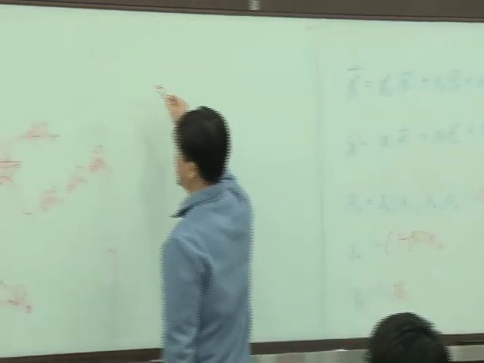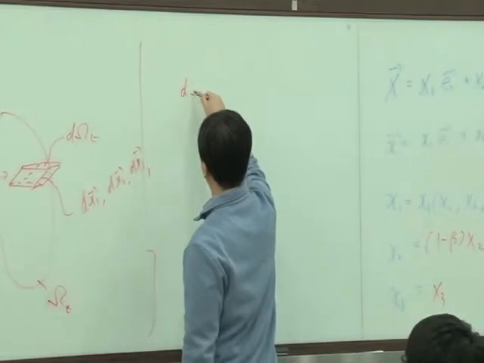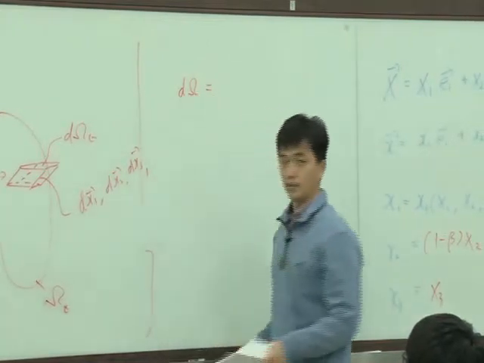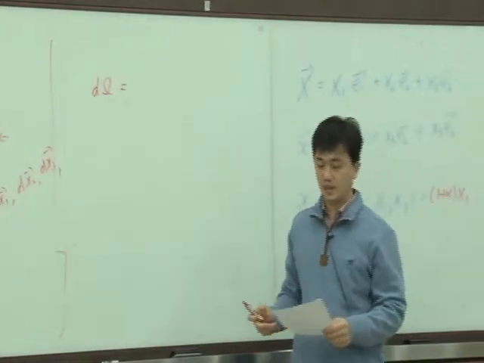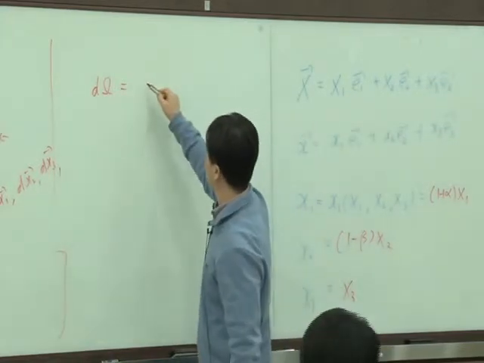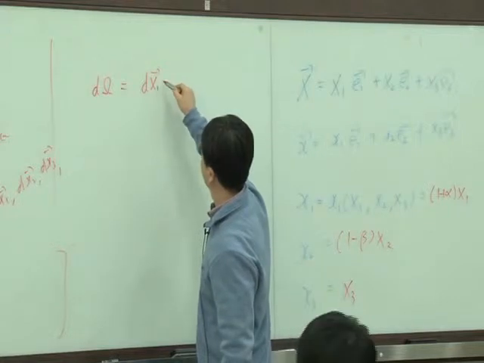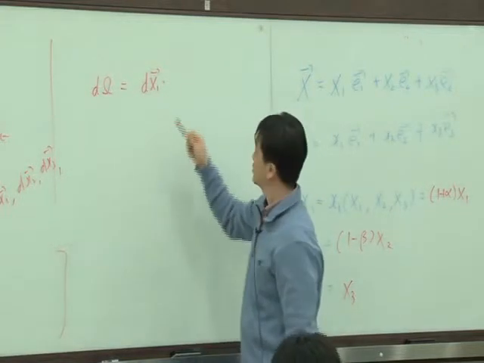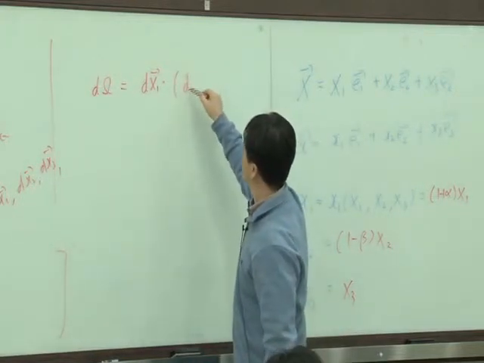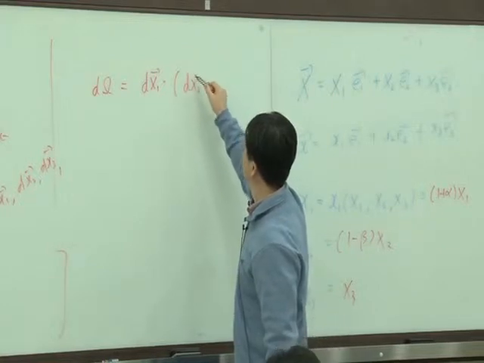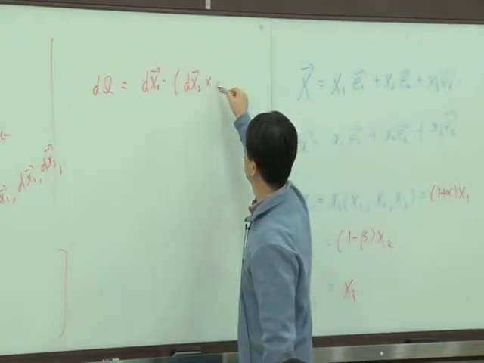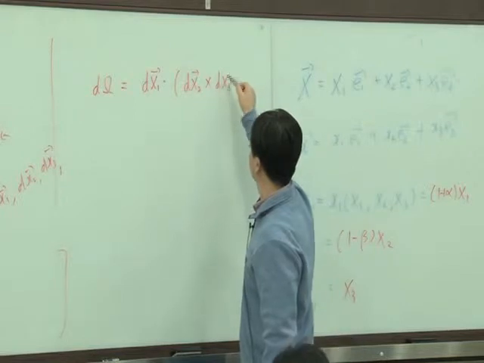So the initial material volume can be calculated by three vector, dX1 dot product dX2 cross product dX3.